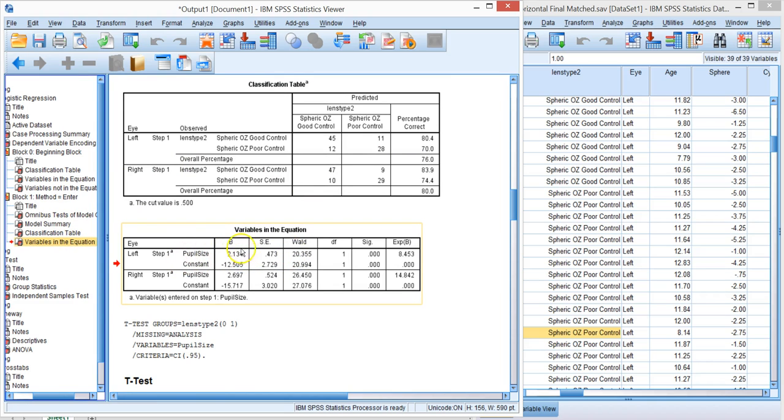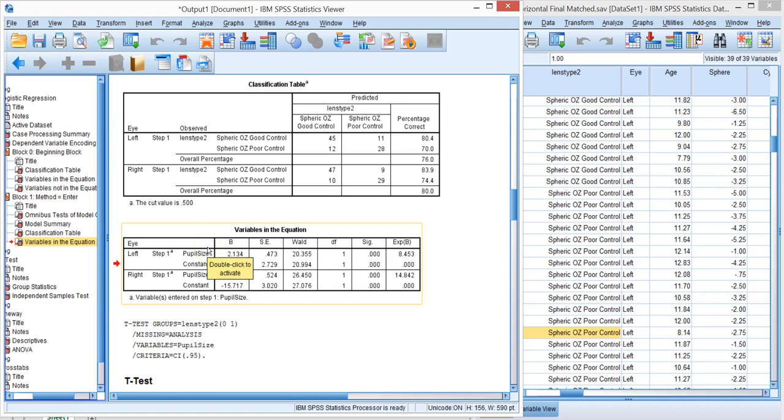Pupil size has a positive coefficient there with an 8.43, significant. That means that since 1 was poor control, the positive number means a bigger pupil size tends to predict poor control. So it tends to be more poor control.